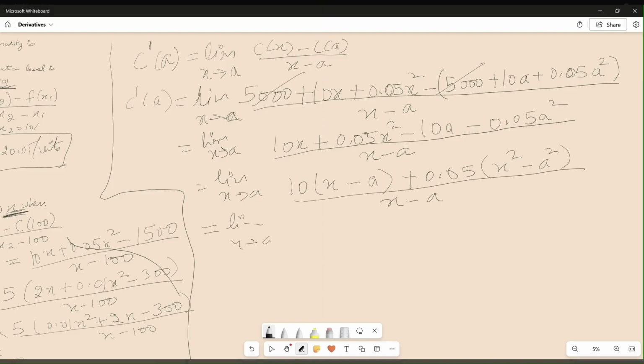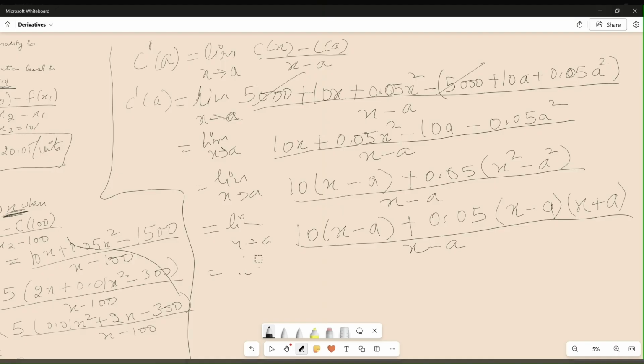Limit as x approaches a of 10 times x minus a plus 0.05 times x squared minus a squared. You can already tell, if we apply the formula a squared minus b squared, which is equal to a plus b times a minus b, we can take x minus a common and then this will cancel out, right? So we are going to do that: x minus a times x plus a, divided by x minus a.